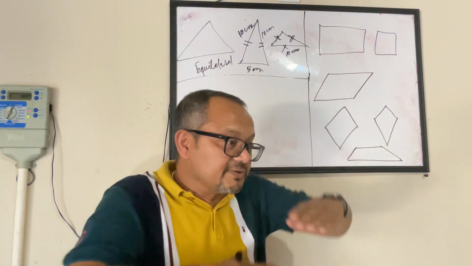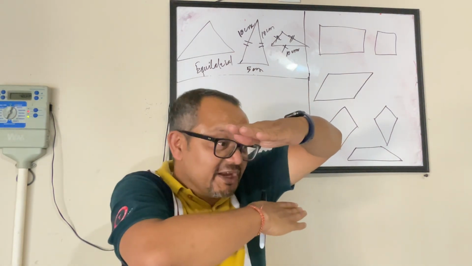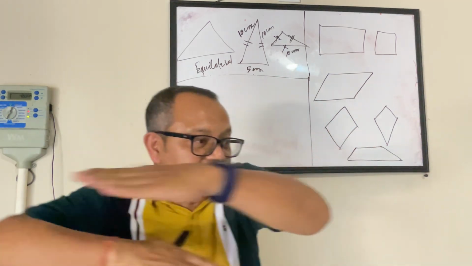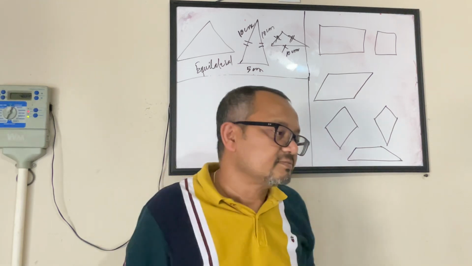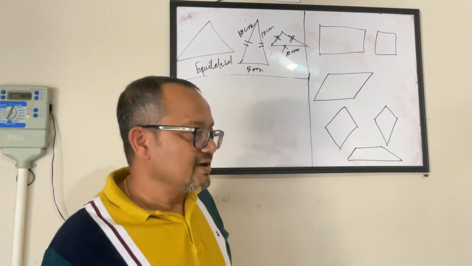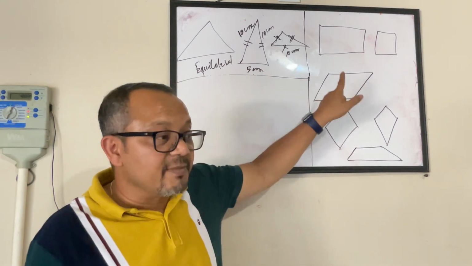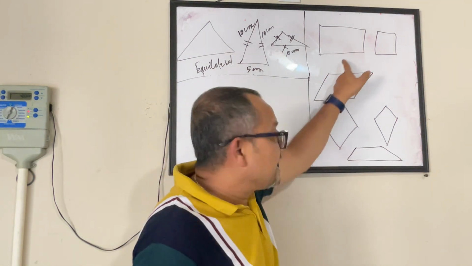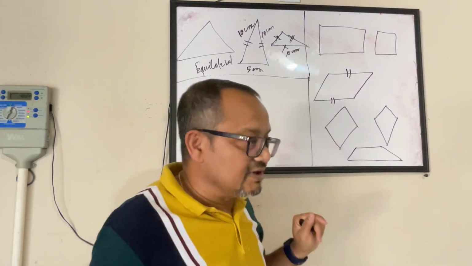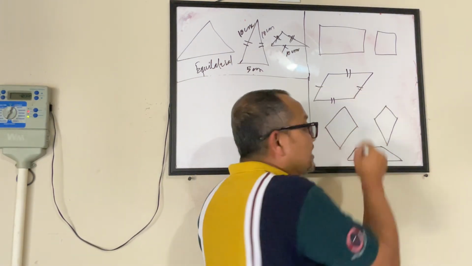You told me that you have seen railway tracks. They never meet. Parallel lines never meet, no matter how far you take them. Because if they meet, then the accident. Crash. Yes. So that's what I'm saying. So parallelogram has opposite sides equal and parallel. This side and this side are parallel and equal. This side and this side are parallel and equal.